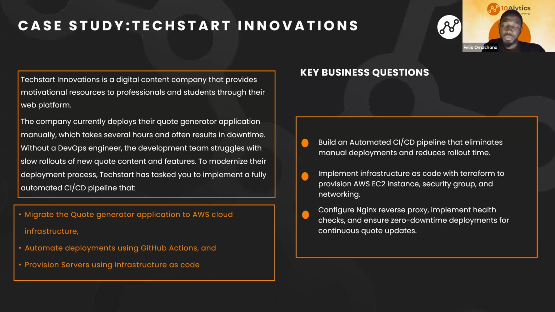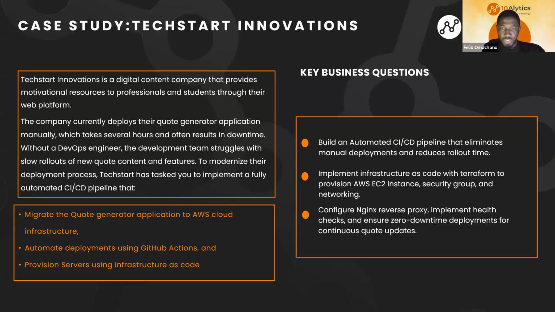So we'll be working on cloud computing and taking a look at AWS. Automate deployments using GitHub Actions, which is going to be our CI/CD pipeline. Provision servers using infrastructure as code. And for this practical, we'll be making use of Terraform as our infrastructure as code tool.